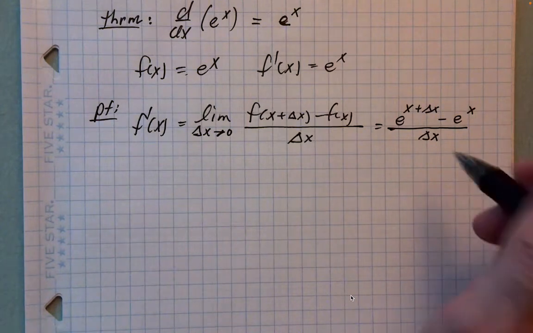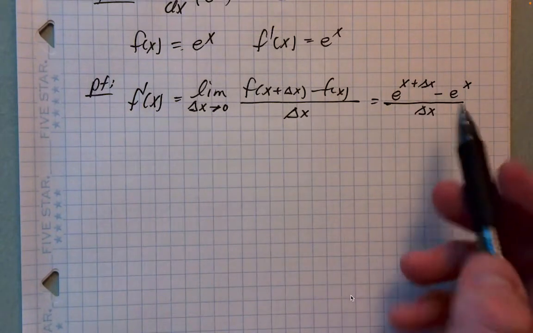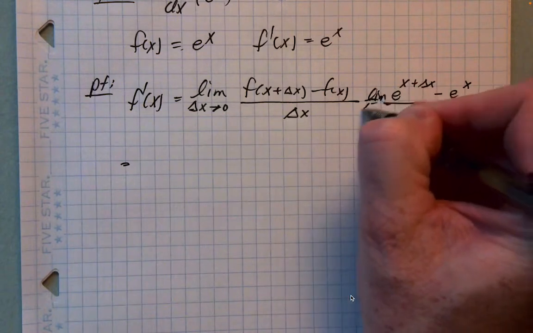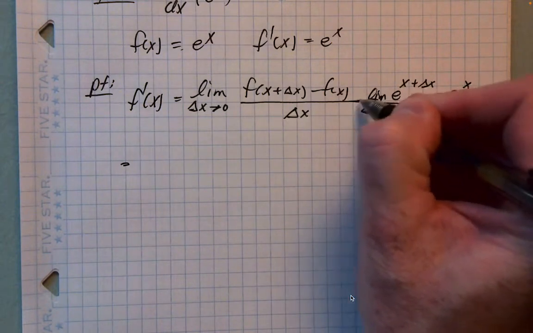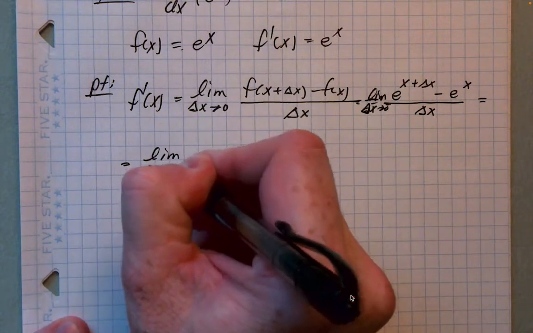For people who are comfortable with these exponents, you'll see right away, oh, I'm sorry, I should have put the limit in there. Don't forget that's important. So this is the limit as delta x goes to 0.